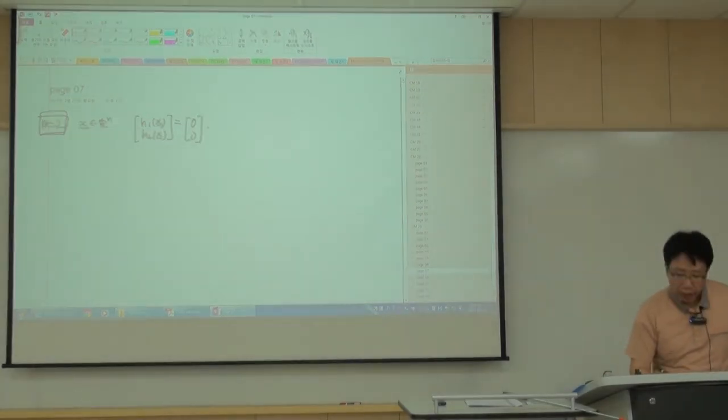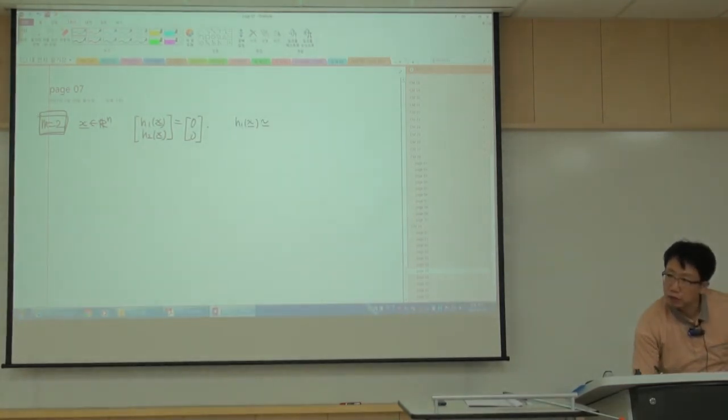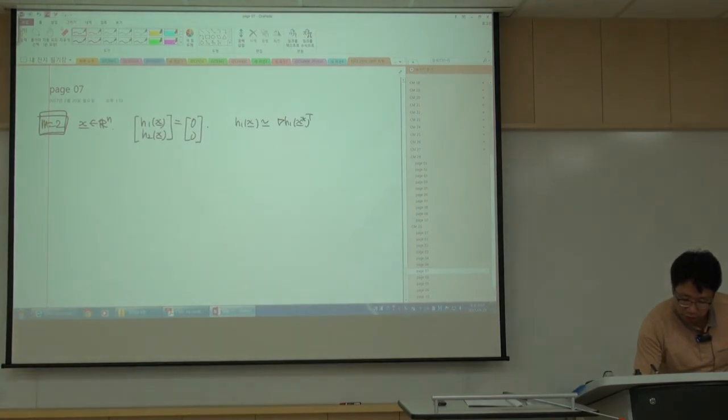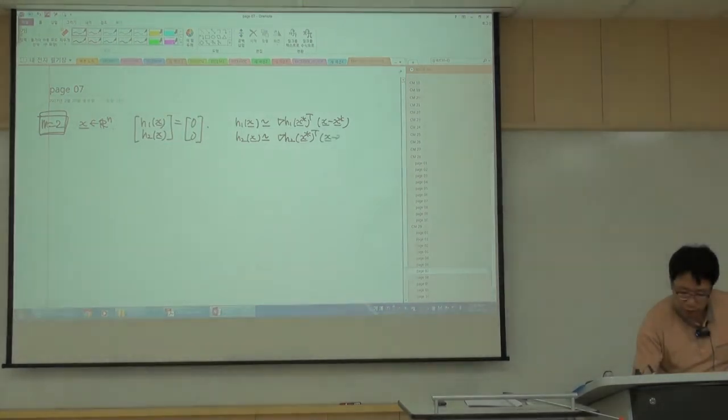Now we approximate each constraint function using first order approximation at a feasible x star. Then we have h1 of x approximately equal to gradient of h1 x star transpose times x minus x star, and h2 of x approximately equal to gradient of h2 evaluated at x star times x minus x star.